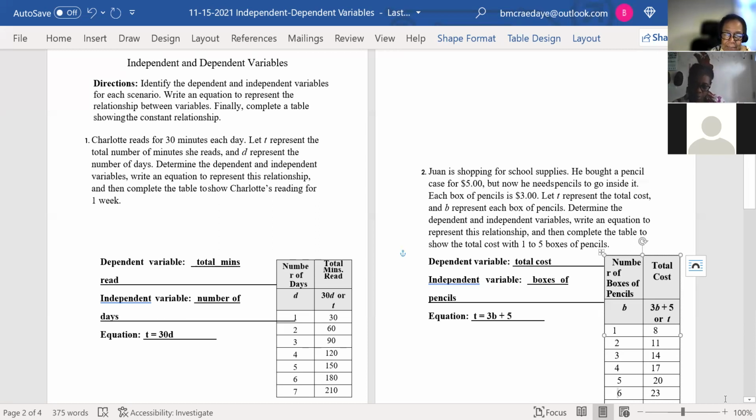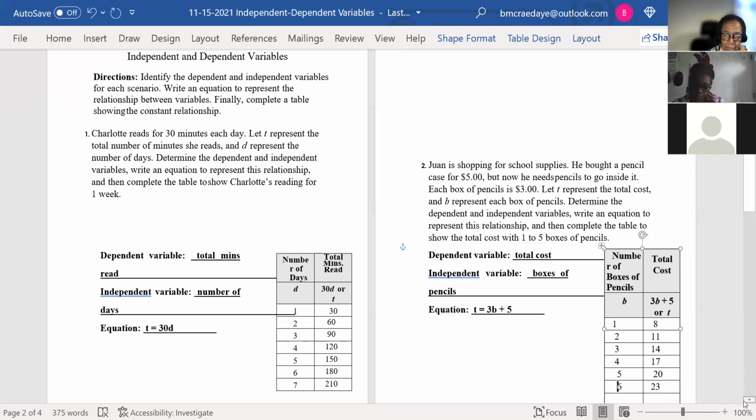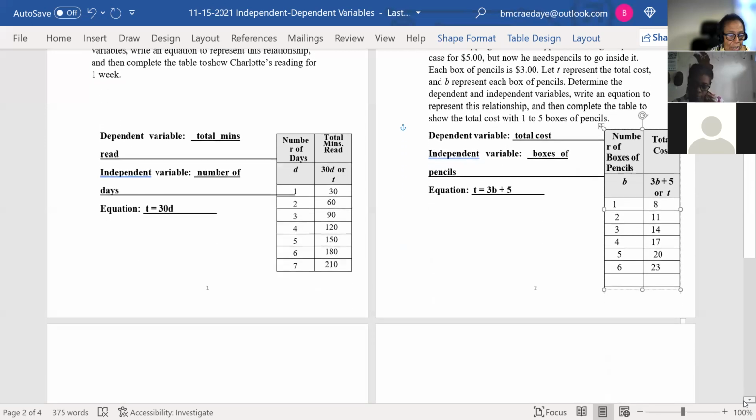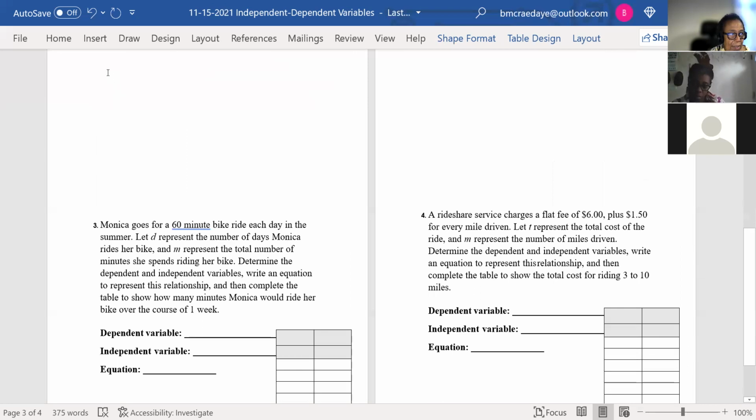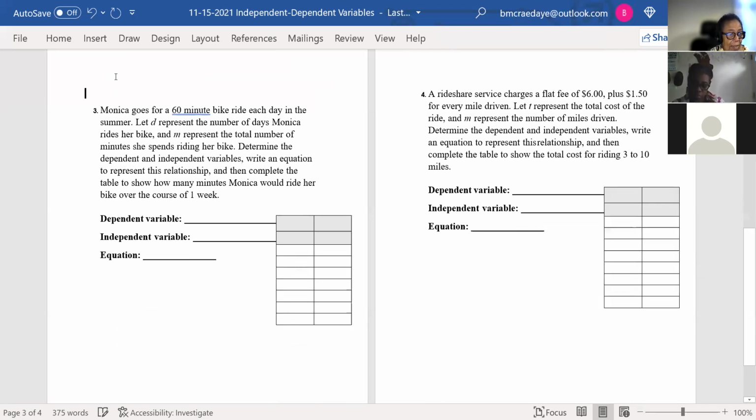All right, now let's look at number 3. Here you have to fill in the table. So read number 3 and tell me what goes in the table.